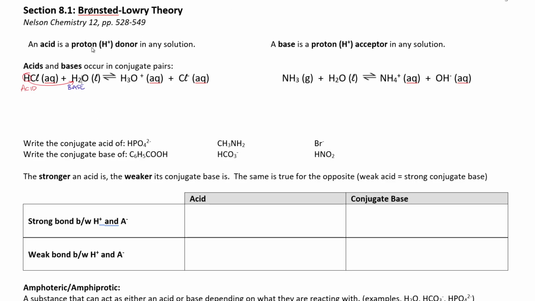Now, once water has accepted a proton, it becomes H3O+, which is called the conjugate acid, because if we look in the reverse direction of the equilibrium, H3O+ could donate a proton to the Cl- and form HCl. Right? So if we look at the reverse reaction, H3O+ is the acid, and Cl- would be considered the conjugate base.